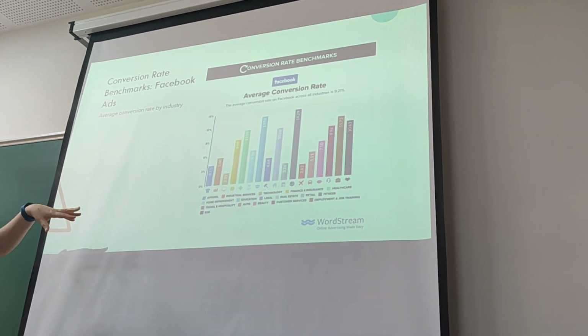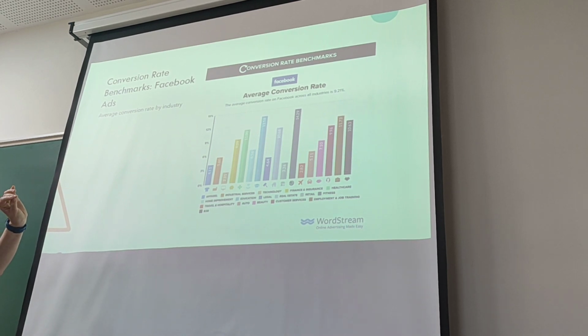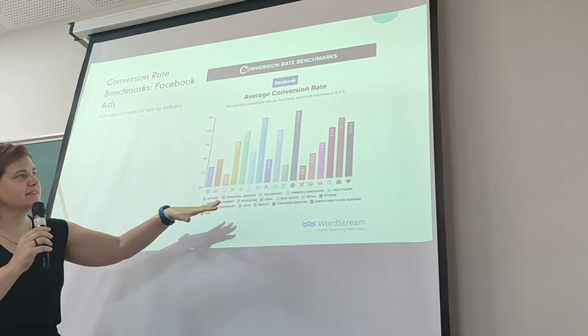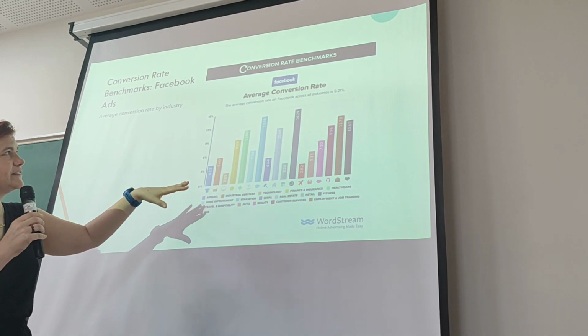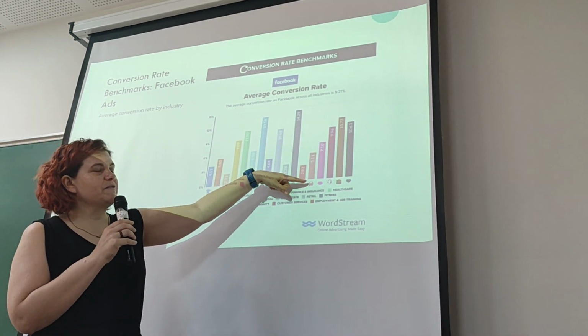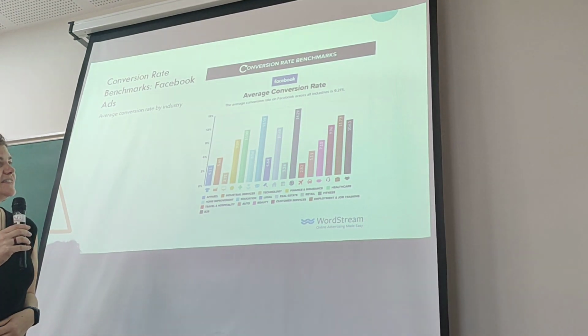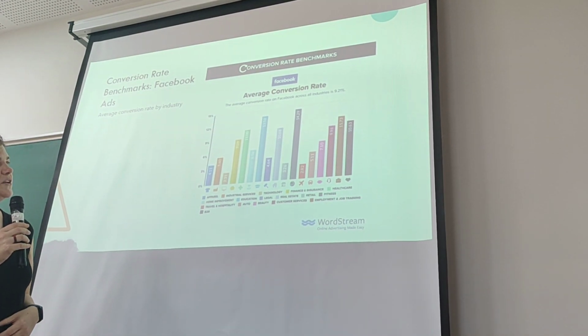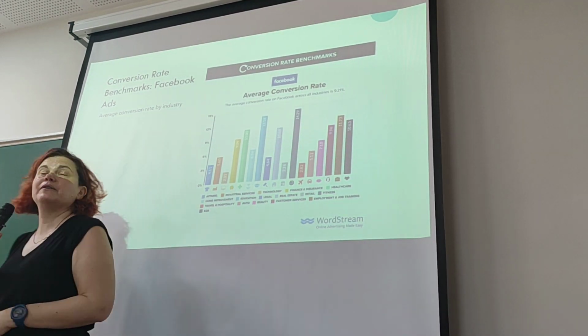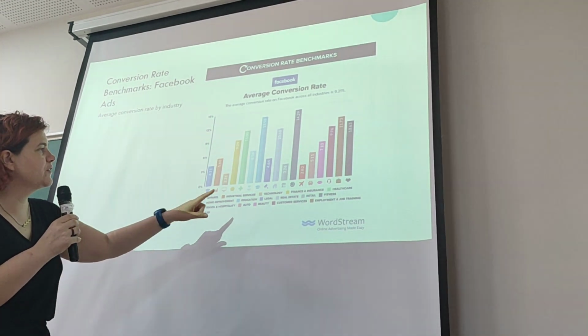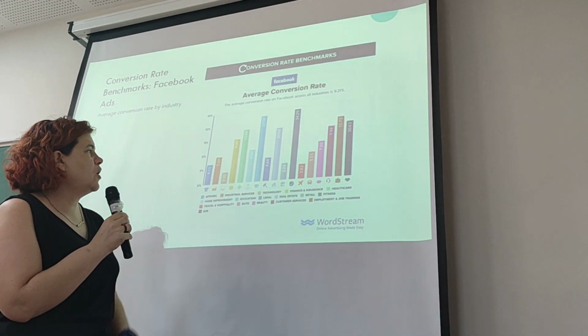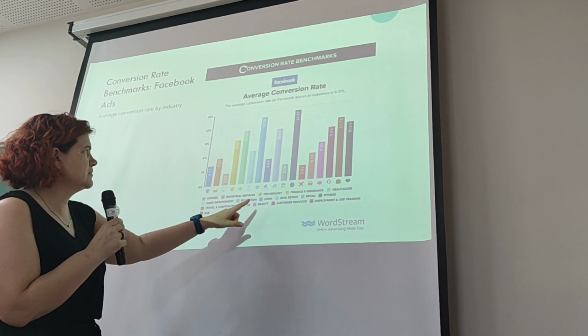So the average conversion rate on Facebook is very different data. Remember, cars on Google Ads was the highest, and on Facebook it's quite low. The highest conversion rate is for hobbies. Where is that? Just double check.